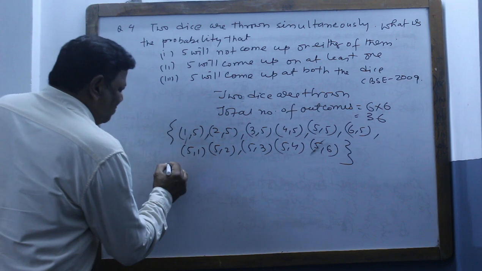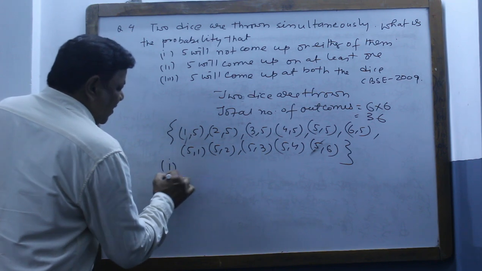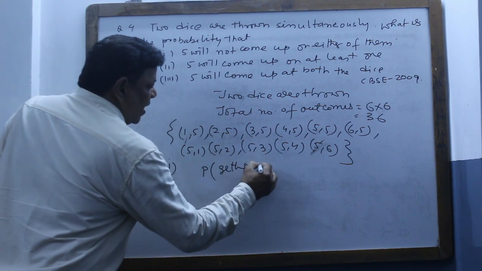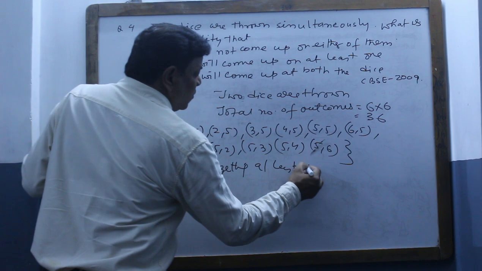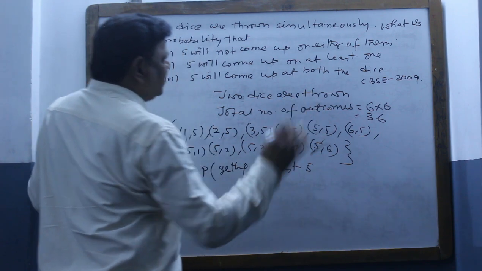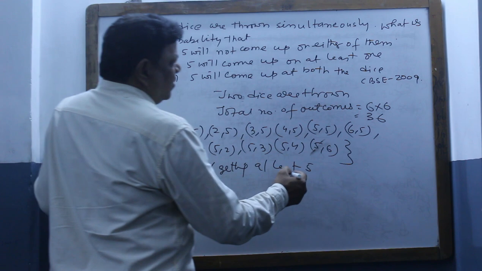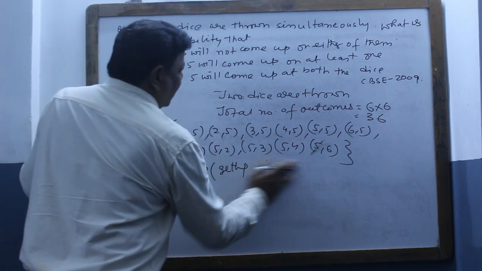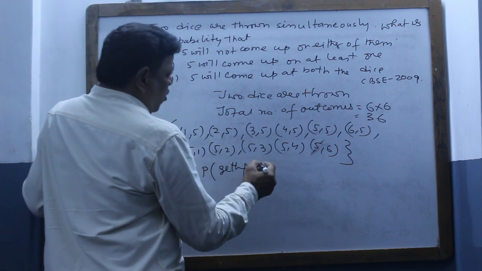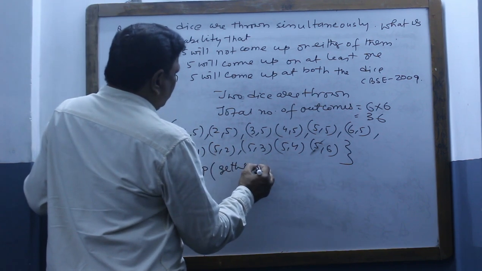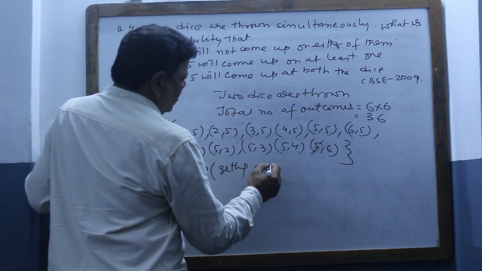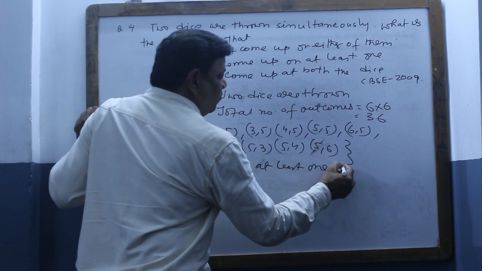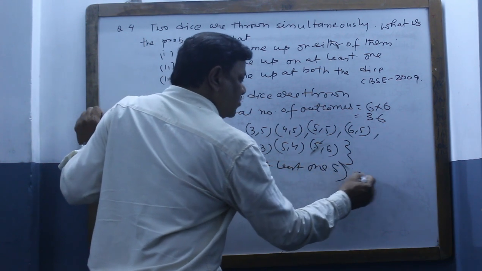So what do I write here? Question number 1 I am doing. I will write: probability of getting at least one 5. Write nicely. Probability of getting at least 1 five.